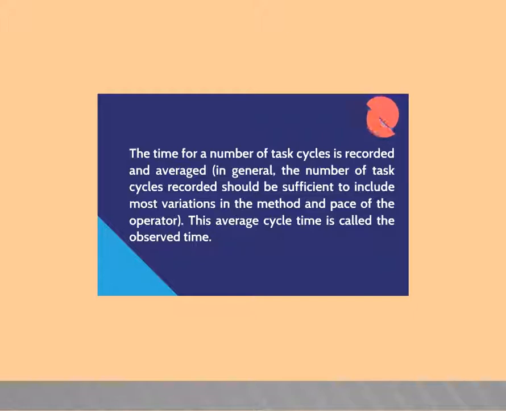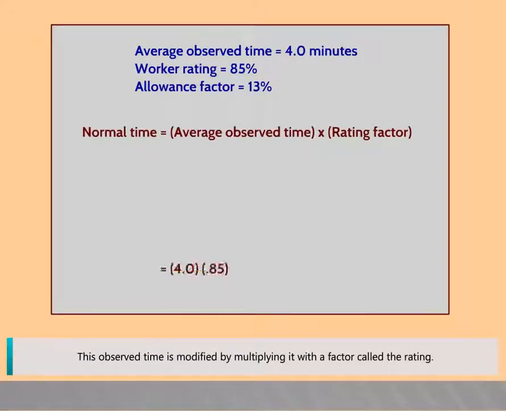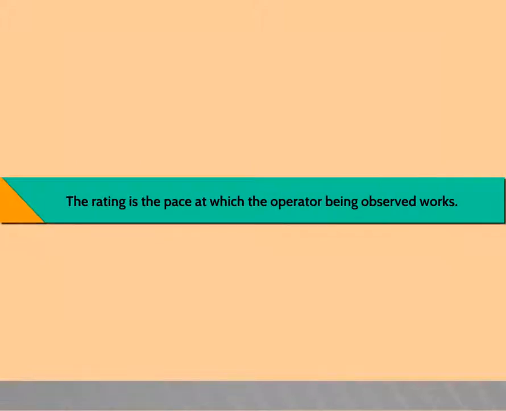This average cycle time is called the observed time. This observed time is modified by multiplying it with a factor called the rating. The rating is the pace at which the operator being observed works.